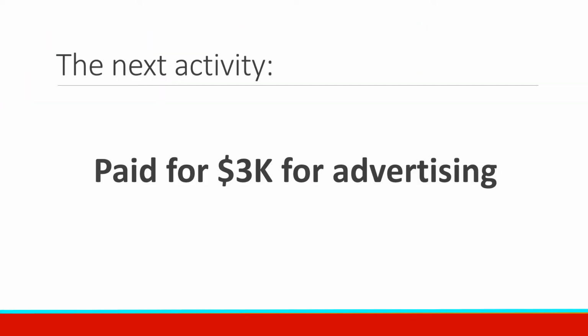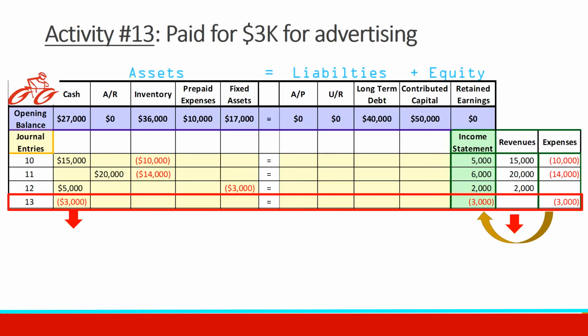Okay, our next transaction is that the firm is paying out $3,000 for advertising. Think about how you would want to record that in the financial statement template. Okay, so how we would record that is we would have a $3,000 payment of cash, so a decline in cash of $3,000, and this advertising expense is a current expense.